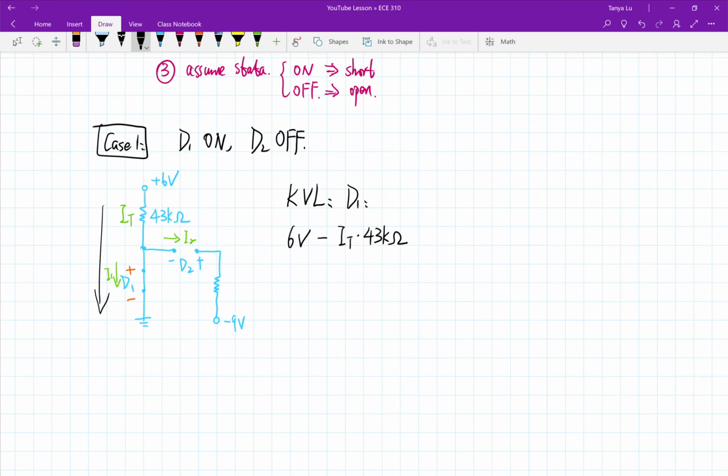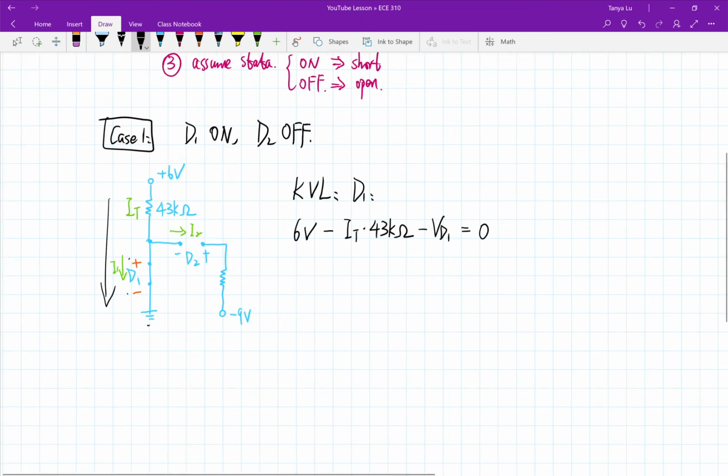When you have resistors, it's always subtract with the current flowing direction. And then here's plus and here's minus, which means I'm gonna minus VD1, right? It's from plus to minus, it's minus, equals ground, which is 0. So here's my first KVL equation for D1.